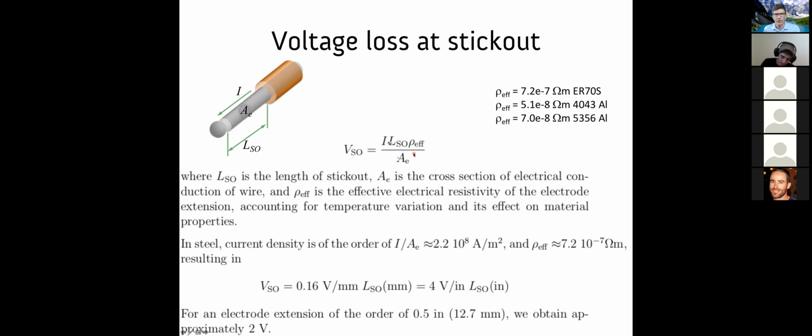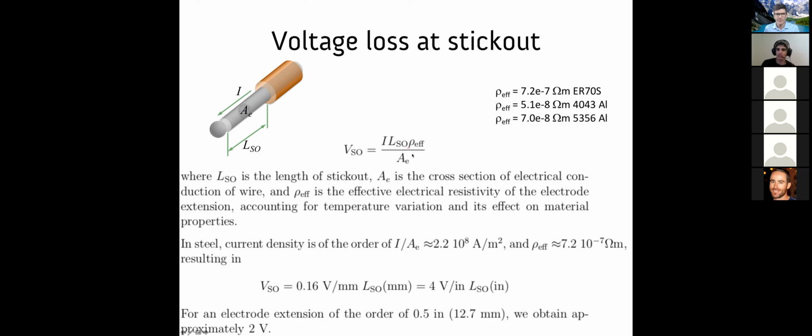To those who took heat transfer with me last term, you might remember this exact same equation when we talked about thermal conductivity. The thermal conductivity in something like a wall or in a rod, such as the electrode extension, was proportional to the length or the thickness of the wall, inversely proportional to the cross section. Same thing again.